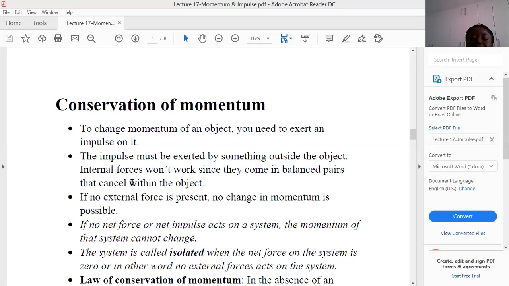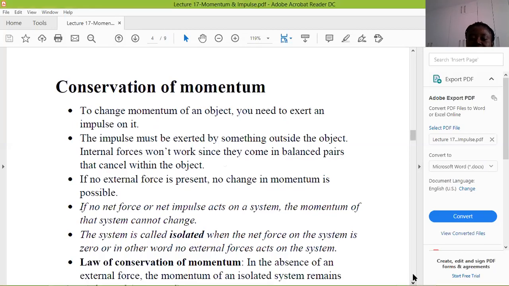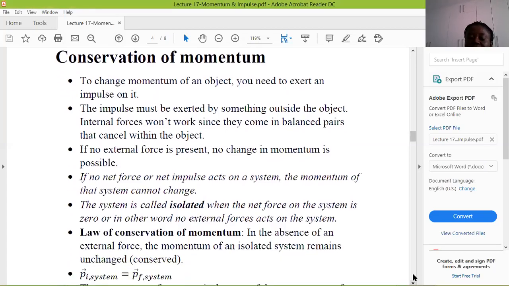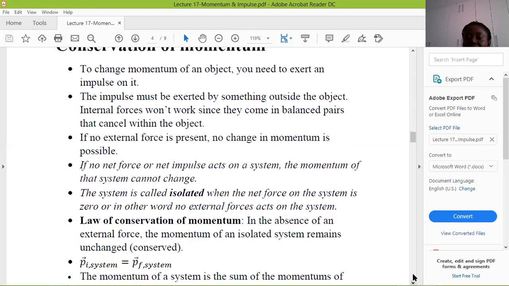If you have internal forces, they come in balanced pairs. When we discussed Newton's third law, we said that for a force acting on an object, there is always an equal force in magnitude but in opposite direction.